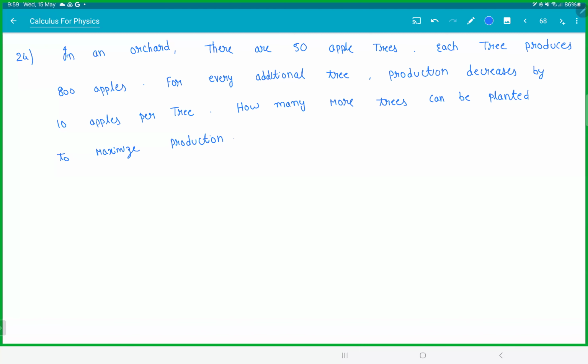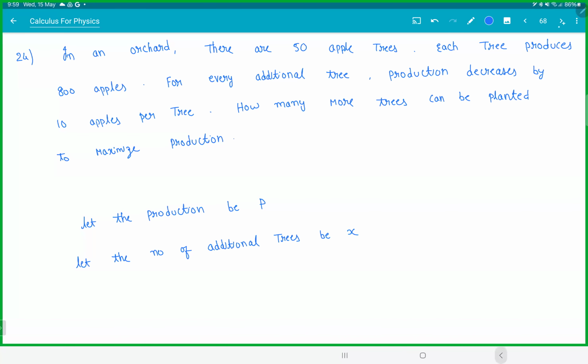How did you get the equations? First, creating the equation is the headache part. Let me help you here. So let the production be P. So you have to create variables. Let the number of additional trees be X. Right, Arush.